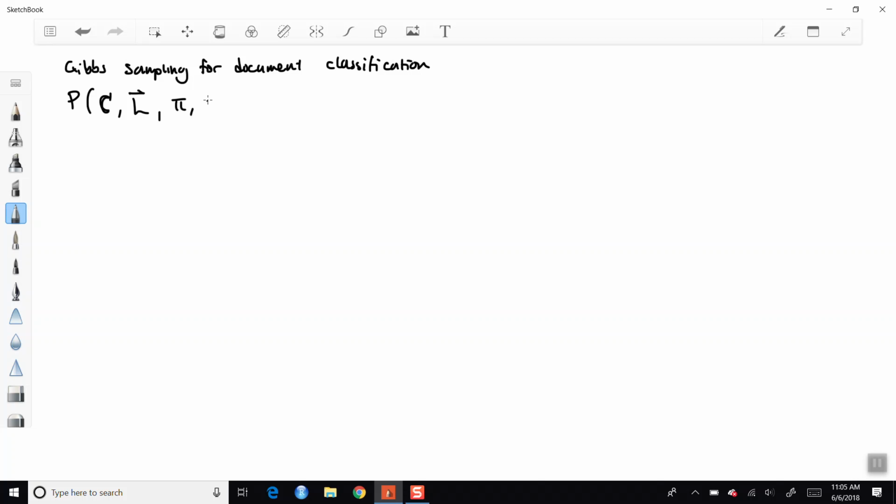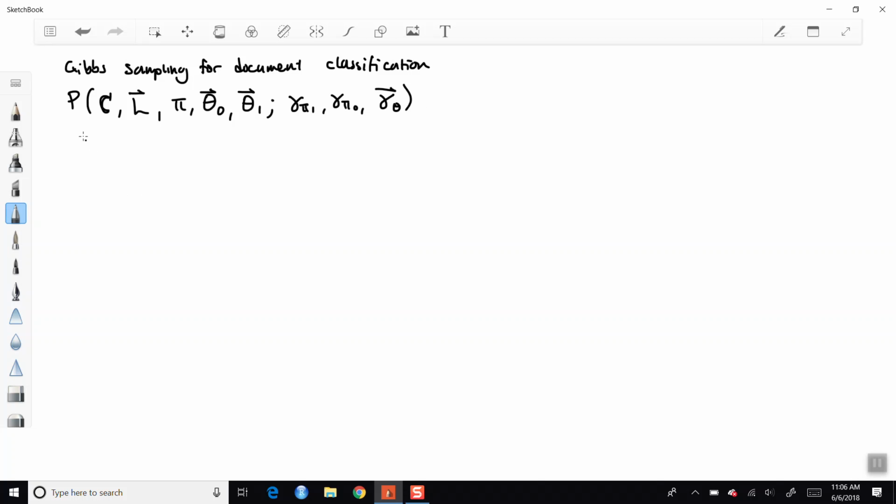the value of pi, the vector theta 0, which is the word probabilities of documents labeled 0, and theta 1, which is the word probabilities for documents labeled 1. And then we've got the hyperparameters gamma pi 1, gamma pi 0, and gamma theta being a vector.